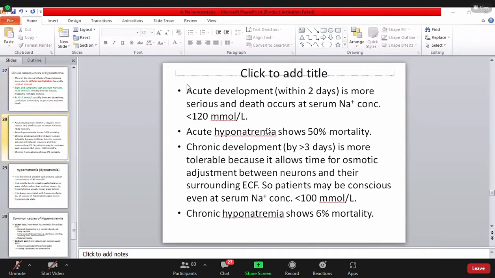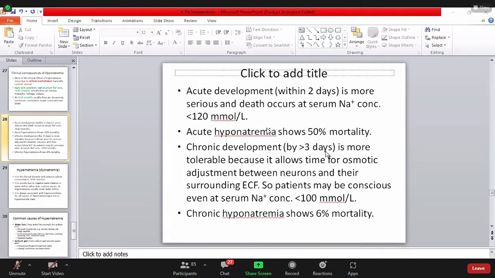Acute development of hyponatremia means when signs and symptoms occur within 2 days. And this is serious, and death occurs at serum sodium concentration less than 120 millimole per liter. Acute hyponatremia shows 50% mortality, and chronic hyponatremia develops over more than 3 days.